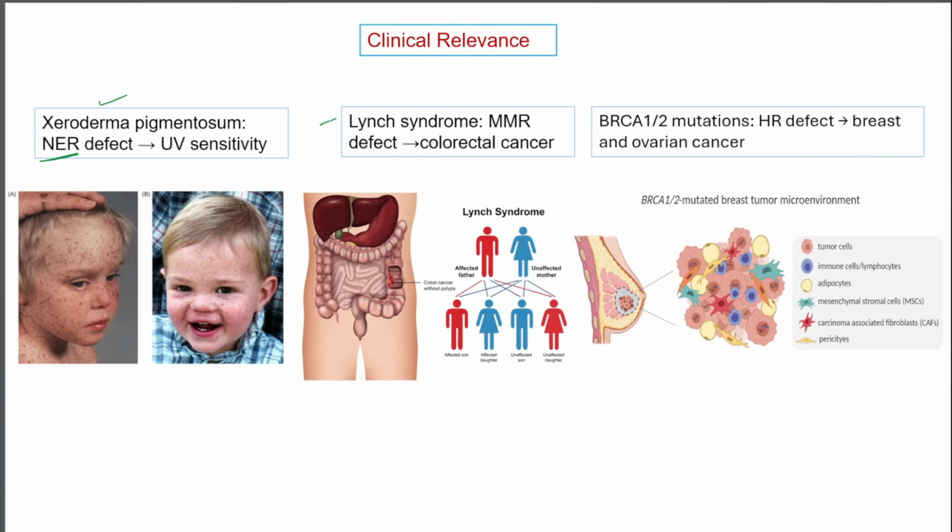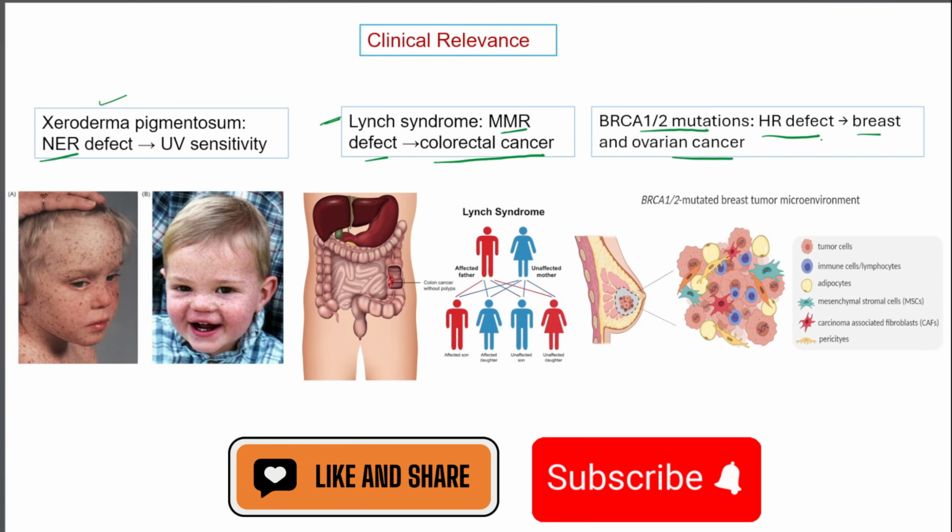Another is Lynch syndrome that causes colorectal cancer, and that is developed by a defect in the mismatch repair system. And another is BRCA1/2 mutation that causes breast and ovarian cancer, and that is developed by a defect in the homologous recombination repair system.